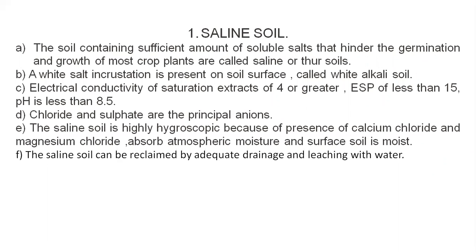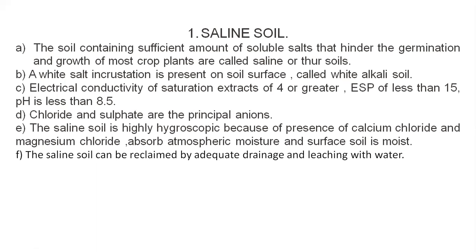Then, what are saline soils? A saline soil is a soil containing a sufficient amount of soluble salts that hinder the germination and growth of most crop plants. In this type of soil, a white salt incrustation is present on the soil surface, which is known as white alkali soil.